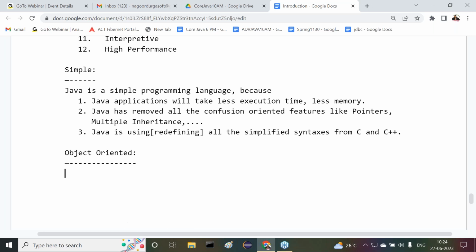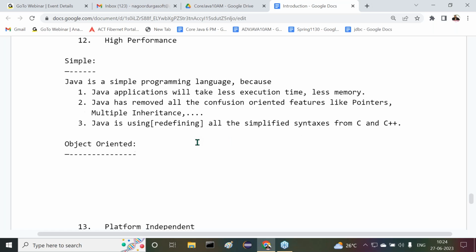When a programming language is an object-oriented programming language, it represents the data in the form of objects by following object-oriented features. What are the various object-oriented features? Class, object, encapsulation, abstraction, inheritance, polymorphism, message passing. These are the various object-oriented features we have.